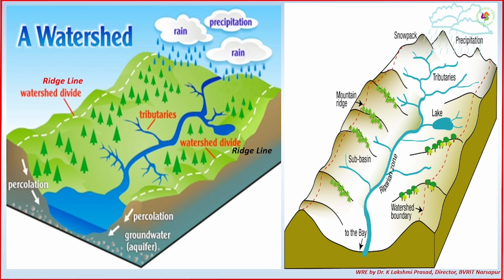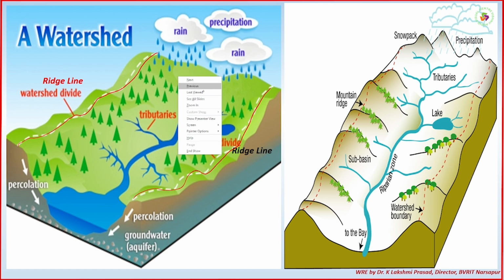So see how the figure will be. Suppose this is a watershed. You should understand what a watershed means. If you see here in this particular case, this is the watershed boundary, the ridge line. This is the highest point from where the water flows towards the center.